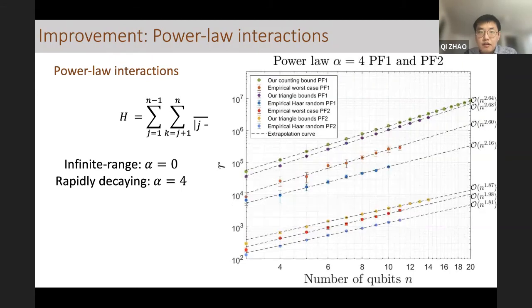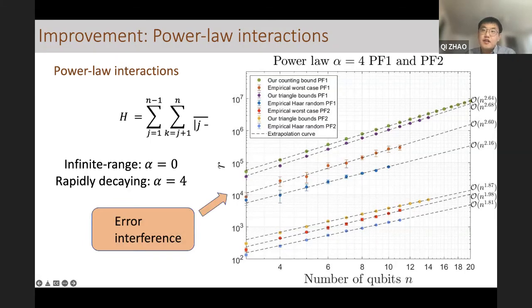Another case is the rapidly decaying case. The second order also gives a very good prediction, but for the first order results, there's a clear gap between the empirical result and our triangle bound. So this implies that maybe there's also error interference in this rapidly decaying power law case.